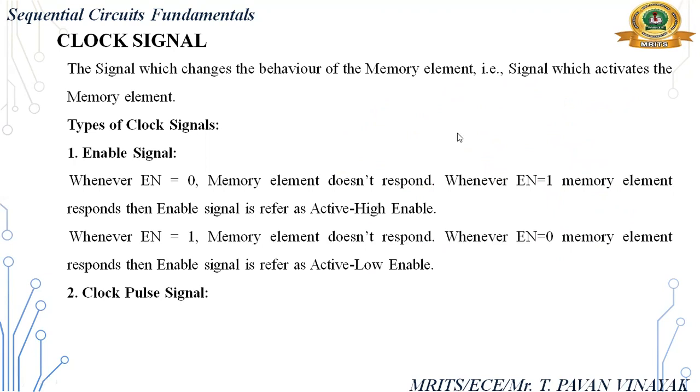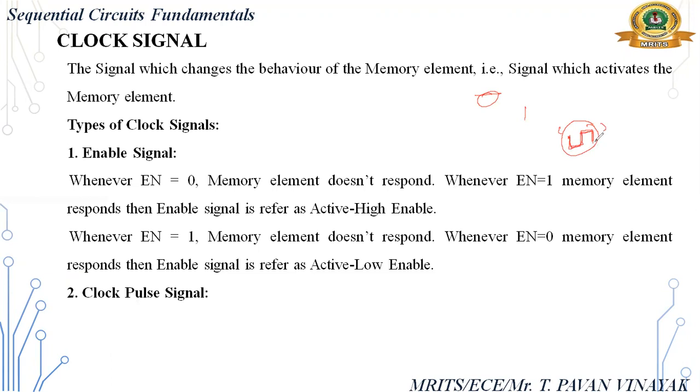Next, clock pulse. We give a pulse to activate the signal. Instead of 0 or 1, we give a clock pulse like this. This is one pulse. We give this pulse to activate the signal. Until another pulse is received, the memory will be in a stable state.